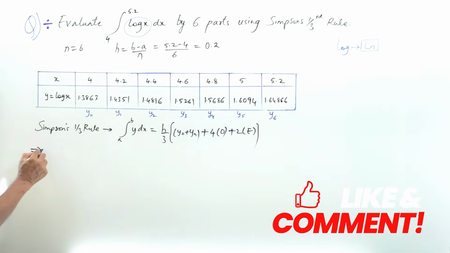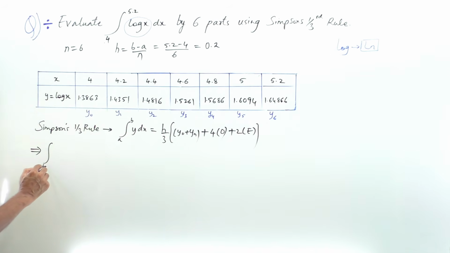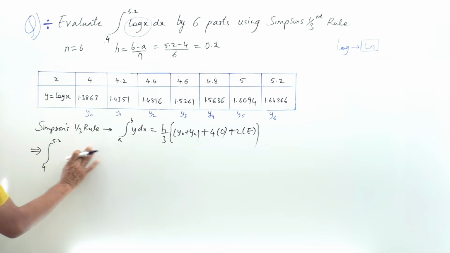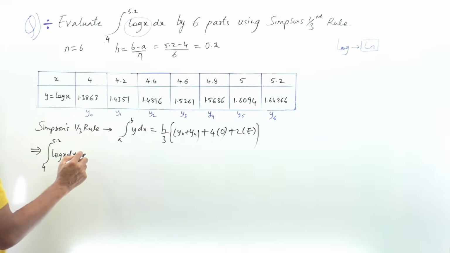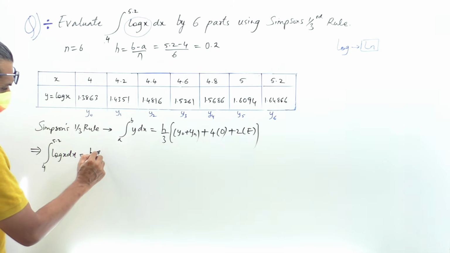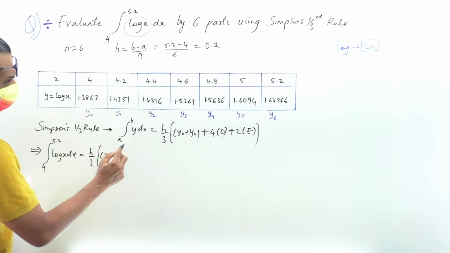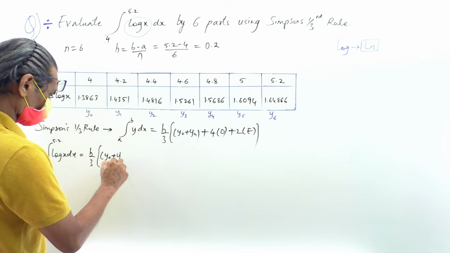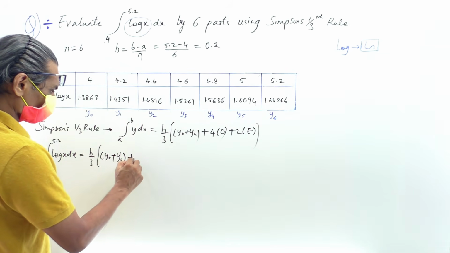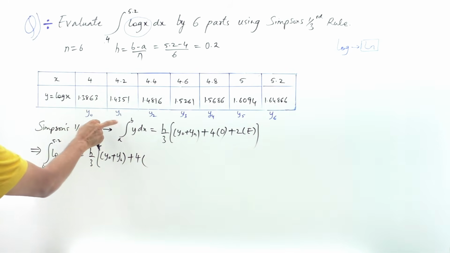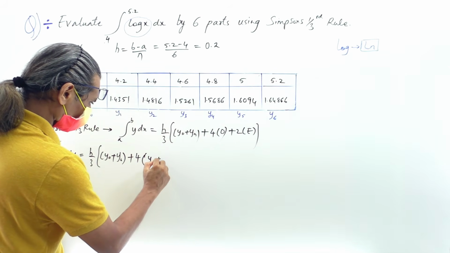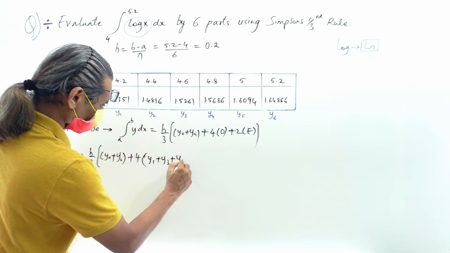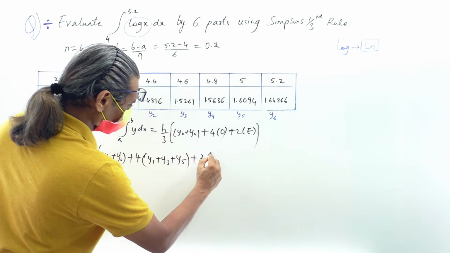Therefore, integration of 4 to 5.2 log of x dx is equal to, what's h? First the formula: h by 3 into y0 plus, what's the last term? It's y6, plus 4 into all odds, that is y1 plus y3 plus y5, plus 2 into all the evens.